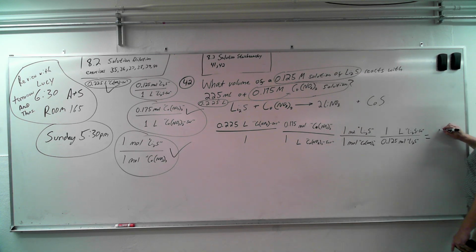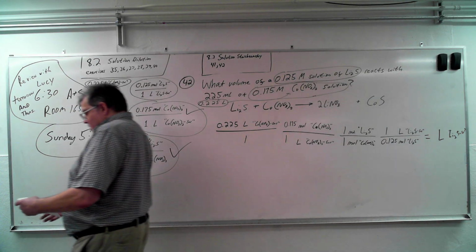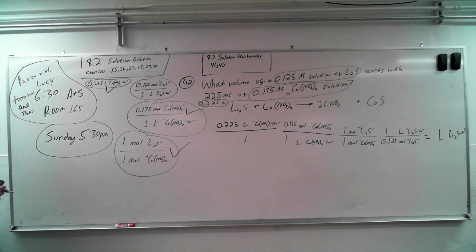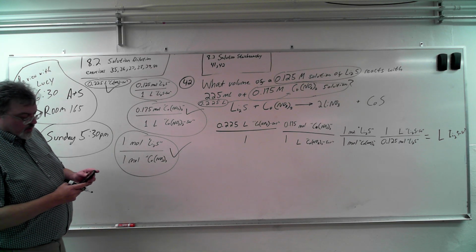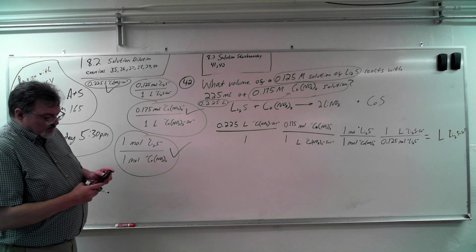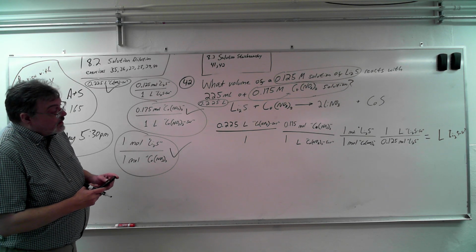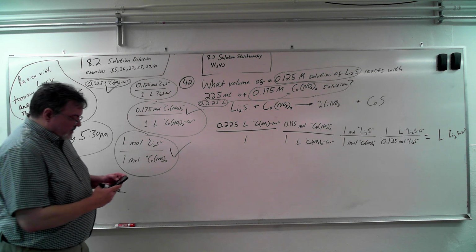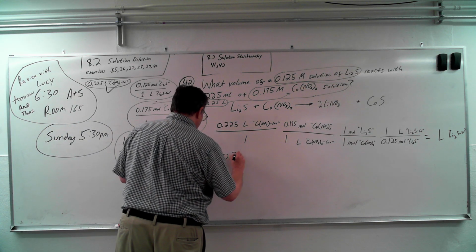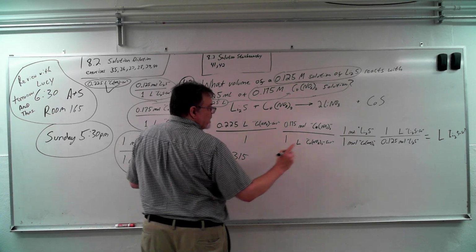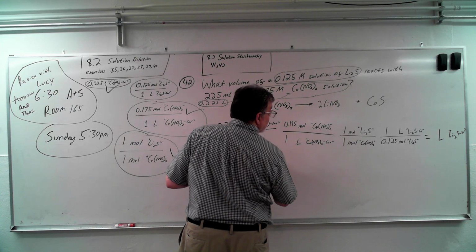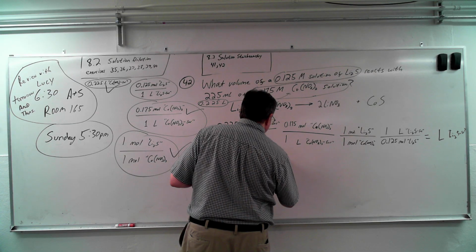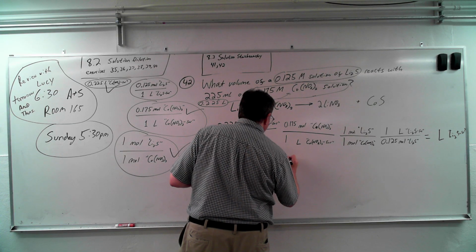That will make us end on the liters of Li2S solution. And the rest is just calculating. 0.225 times 0.175 divided by 0.125. Calculator says 0.315. And the units are liters of lithium sulfide solution.